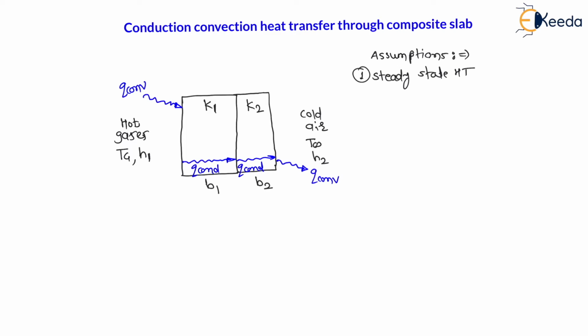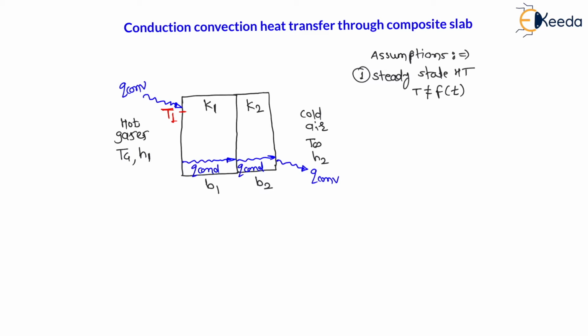The meaning of steady state heat transfer is that temperature is not a function of time. Small t is for time and capital T is for temperature. That means at a particular location the temperature will always remain constant with respect to time. Let's say the left side of the slab is subjected to temperature T1, which will always remain constant.